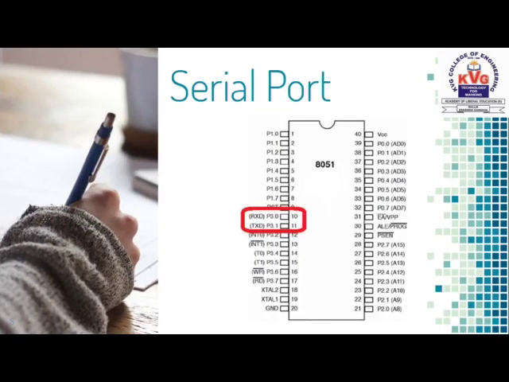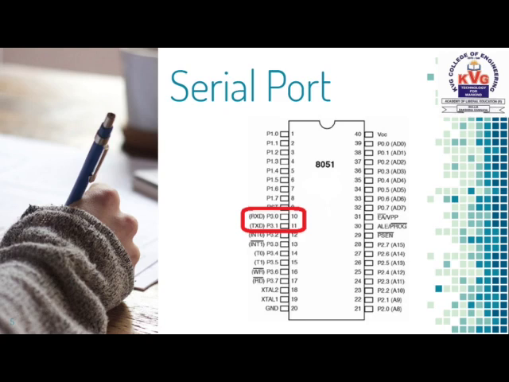A serial port, like other PC ports, is a physical interface to establish data transfer between a computer and external hardware or device. This transfer through the serial port takes place bit by bit.